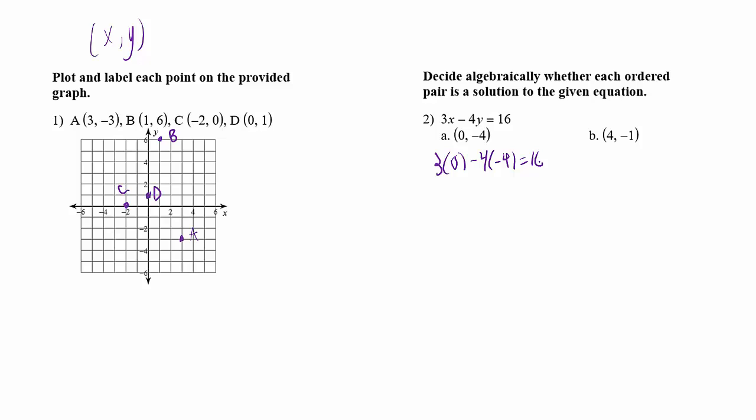We're going to see if this ends up being true. Does the left side really equal the right side? Well, 3 times 0 is 0. -4 times -4 is +16. And it is true that 0 plus 16 equals 16. So we would say that this is a solution.